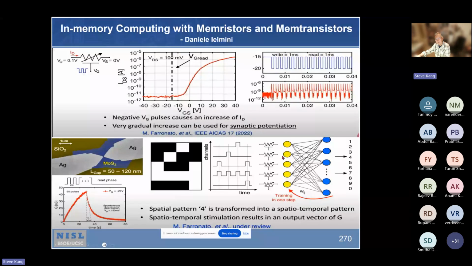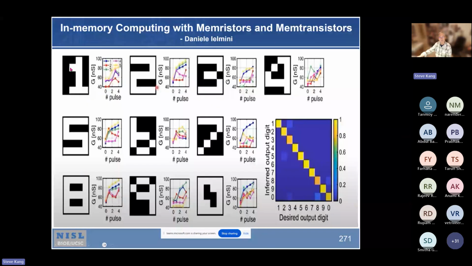And that forms one node, then you have the memductance here, and then another neuron, and so on. So you can build a neural network using this, coding the pattern in this time fashion. By doing that, you can have patterns for 1, 2, 3, 4, 5, 6, 7, 8, 9, and this is a 0 pattern.